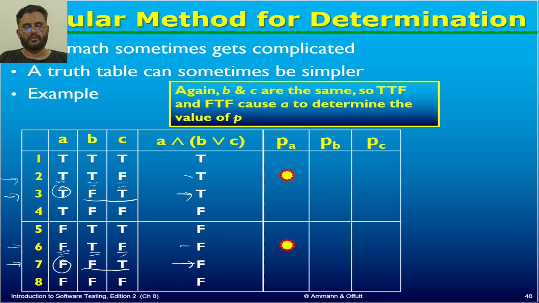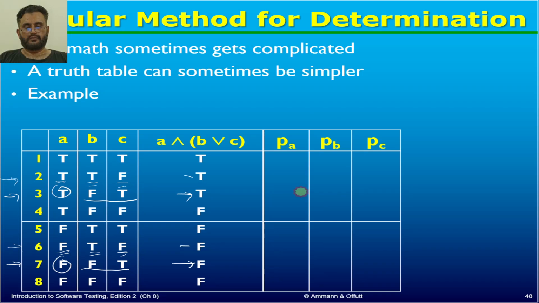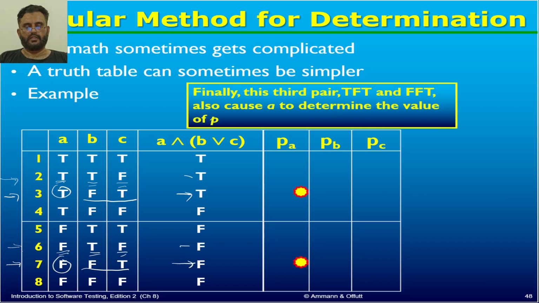Therefore A is determining the value of the whole predicate by these sets of values. Finally, this third pair, TFT and FFT, also causes A to determine the value of the whole predicate. And the same story can be repeated for clauses B and C.